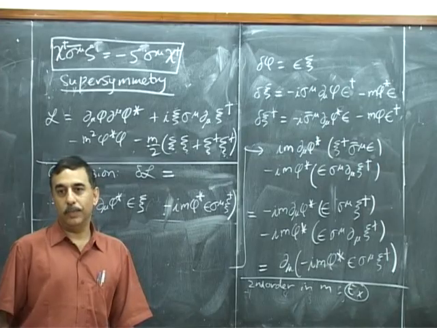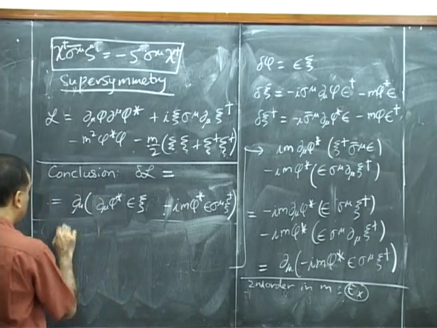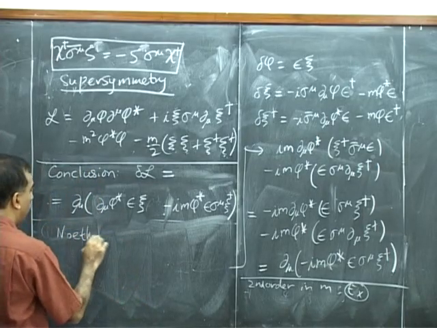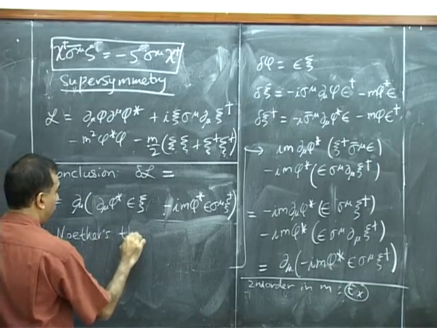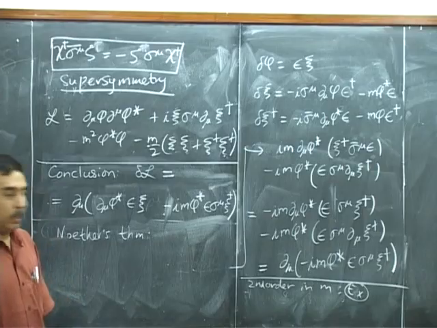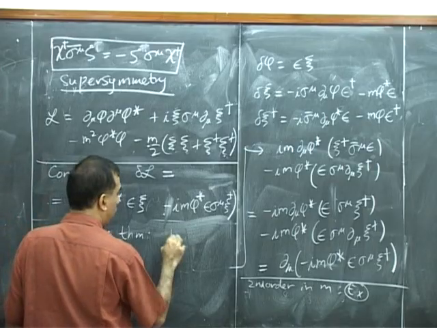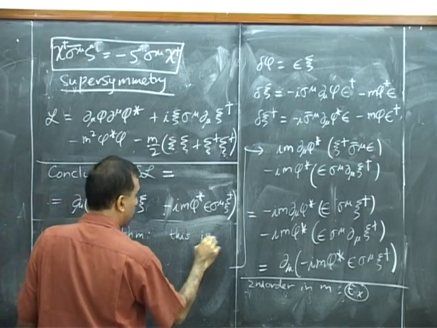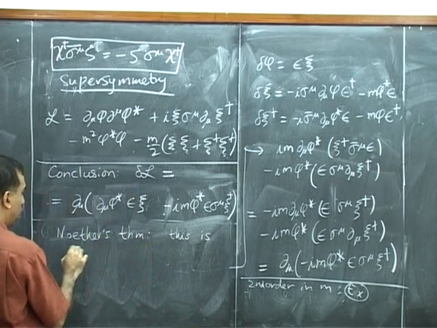Okay? And I suppose you know by Noether's theorem, this thing should be the current. If there is an invariance, then this is a conserved current.